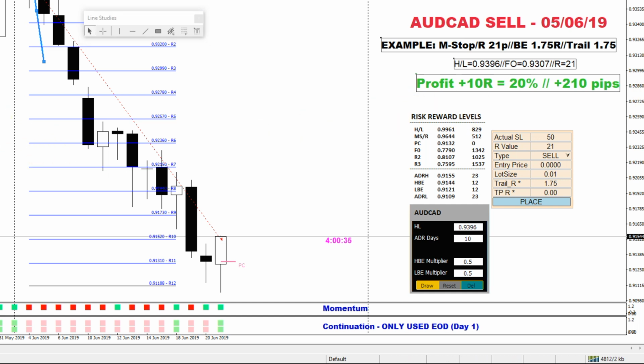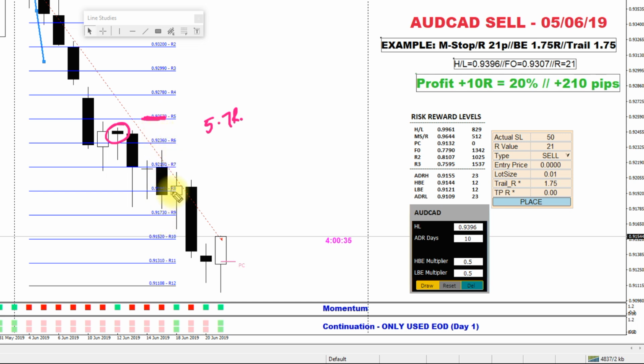So just looking at this, remember we had opportunity to get out here. I think it was 5.7R. Because our stop was already at R5, we continued.